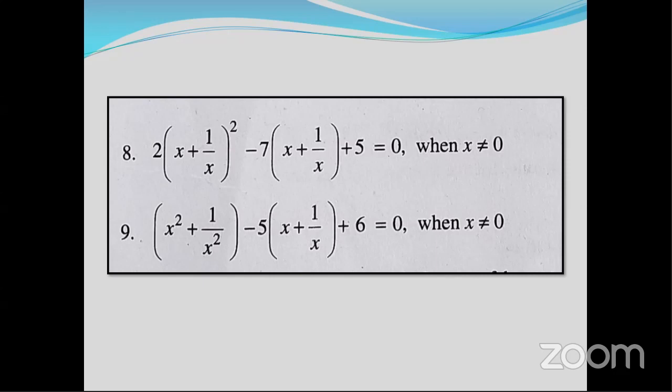The problem we have taken as an example is not simplified into this form. We have divided it by x square and got it into this form. But here it is a more simplified one. So for the 8th question, you can directly take x plus 1 by x is equal to k. And for the 9th question, whatever method I have taken in the example, like dividing by x square, you can follow.